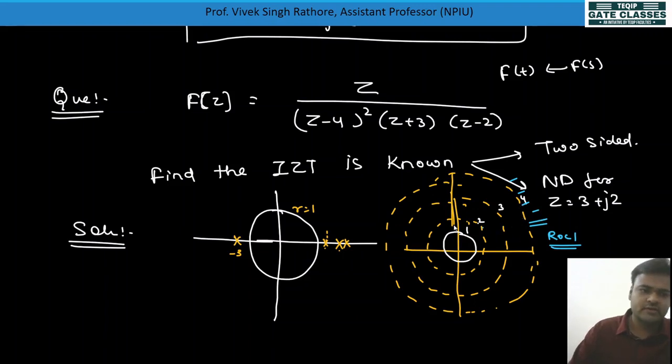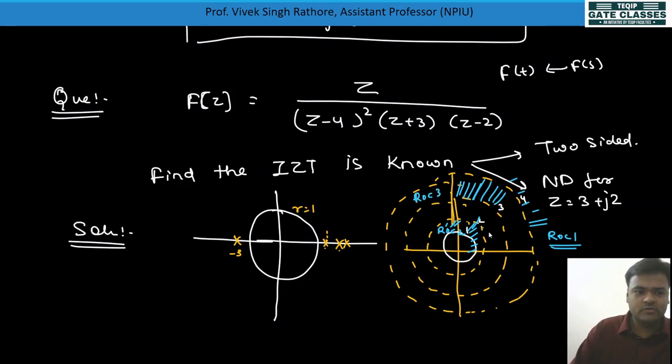Maybe all are left-sided, so this will be ROC number 2, overall left-sided, inward to the least pole. And one more condition is there, that an ROC can be formed in between, so ROC number 3 can be seen.